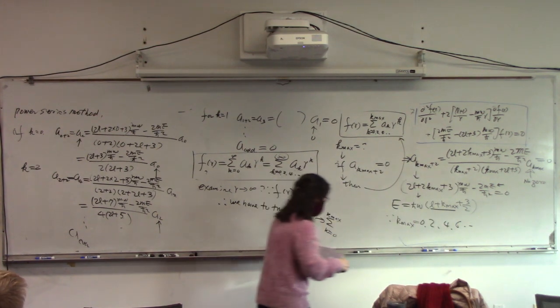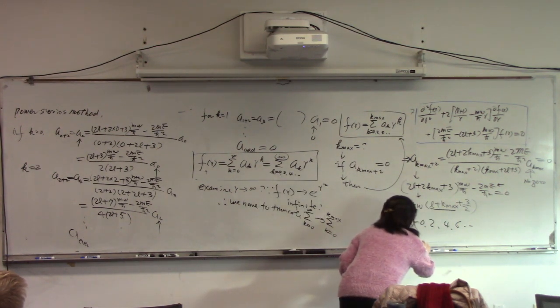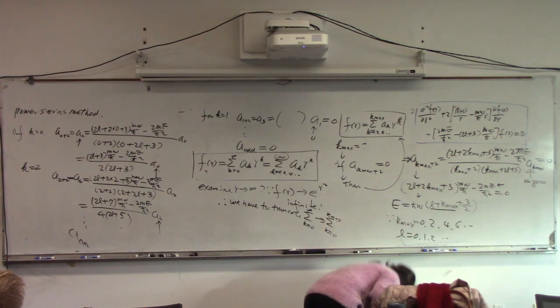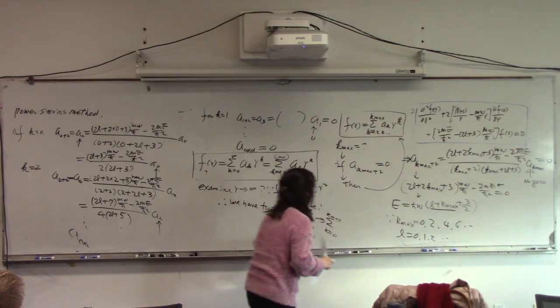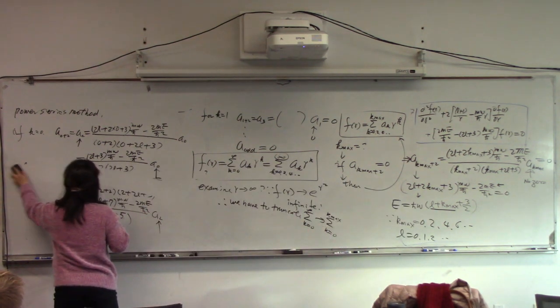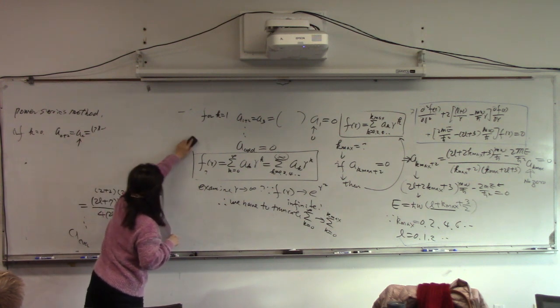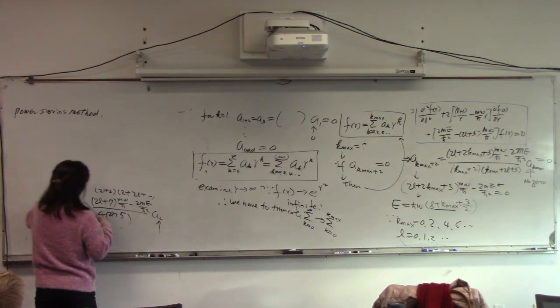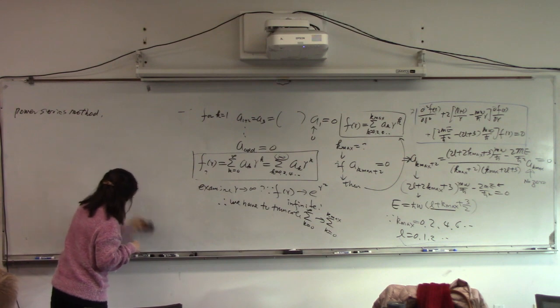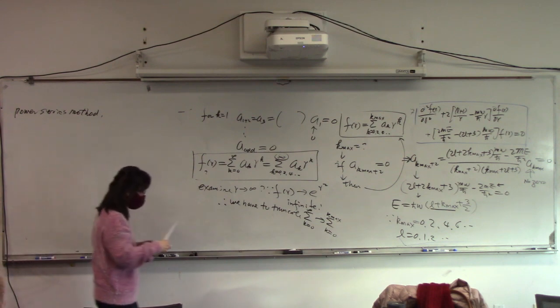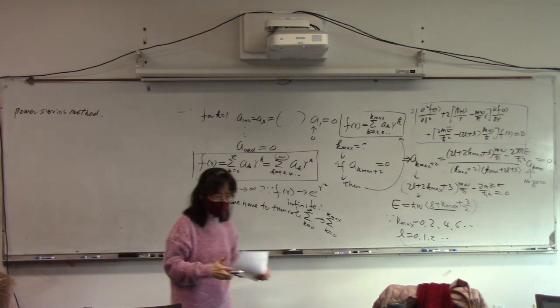And L is 0, 1, 2. So L plus k max is another quantum number. Since k max is independent of L, that quantum number should also be independent of L.